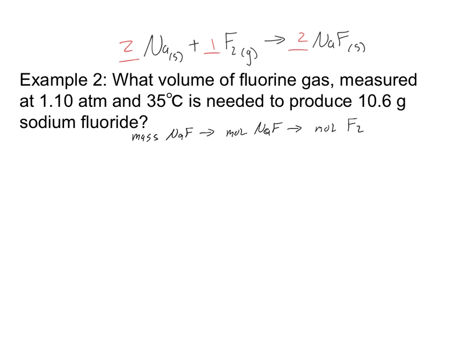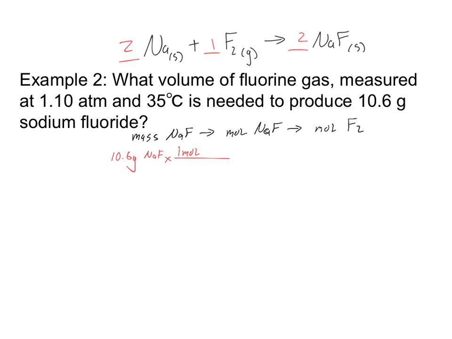So now what I'm going to do is go ahead and convert that all the way through. So I'm going to take the 10.6 grams of sodium fluoride, which is NaF, and I'm going to convert that to moles of sodium fluoride. So in 1 mole of sodium fluoride, I have, let's see, sodium is 22.99, fluorine is 19.